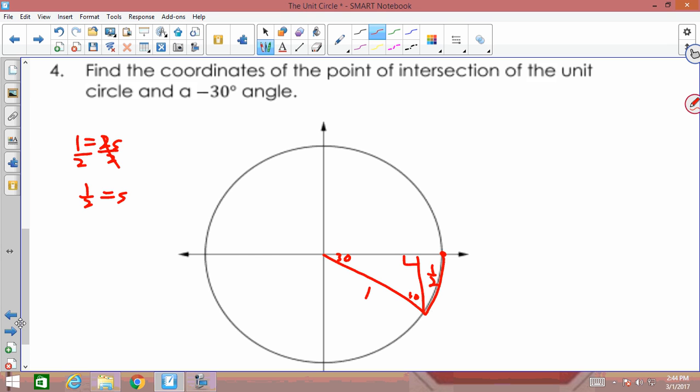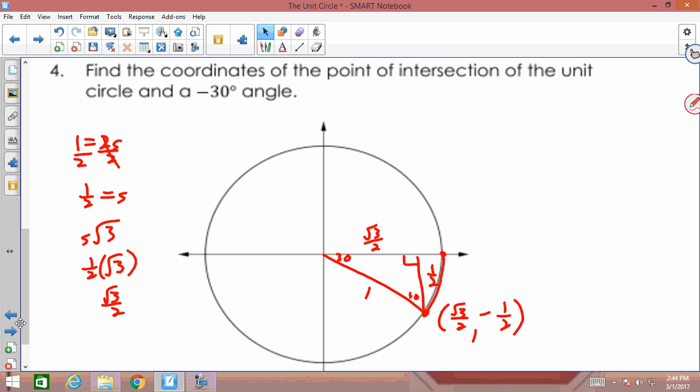This is 1/2. Okay, so opposite 60 is always s square root of 3, so it's 1/2 times the square root of 3. So it's the square root of 3 over 2, which is here. So our ordered pair would be x, which is the square root of 3 over 2, comma y, which is 1/2. But because we're in quadrant 4, y is negative. So square root of 3 over 2, comma, negative 1/2.